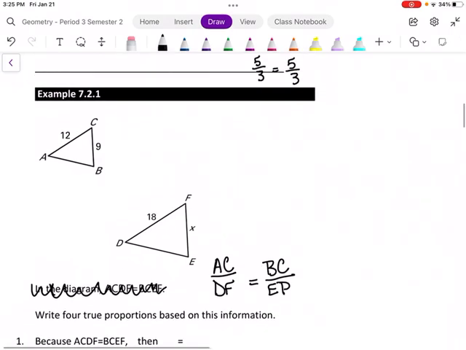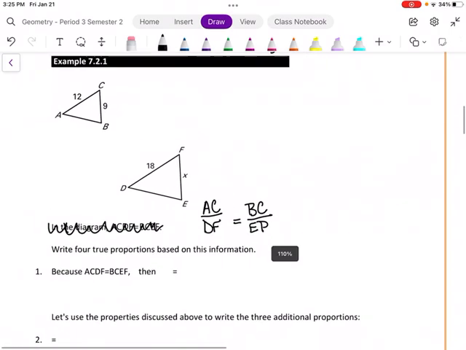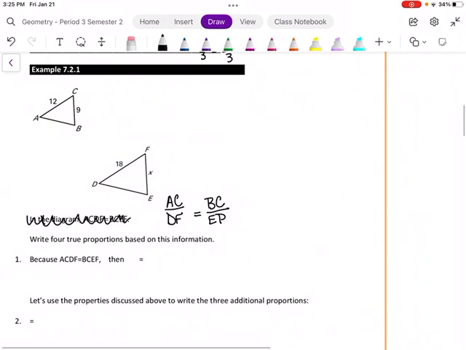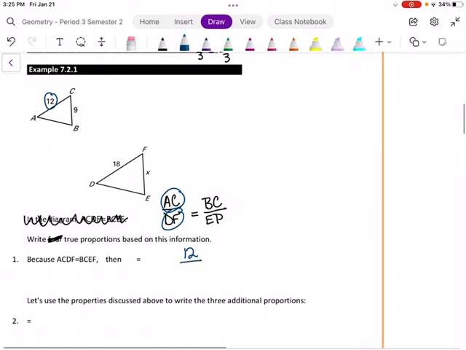So for this, we are going to write a true proportion based on this information. So we're just going to take what they gave us and we're going to start plugging in the values that are given for that. So we know AC is 12, so we're going to write 12 over, and DF is 18, so we have 12 over 18.